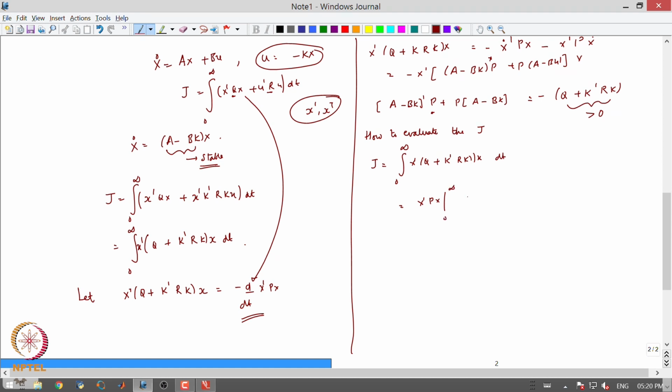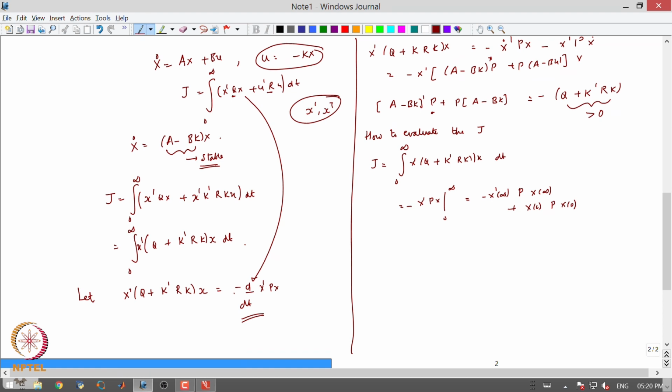to infinity. This is X at infinity. There will be a little minus sign here because of the minus here. Minus X transpose infinity P X at infinity plus X naught transpose P X naught. Okay.